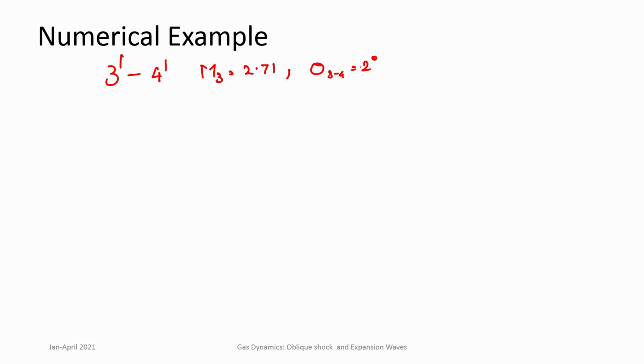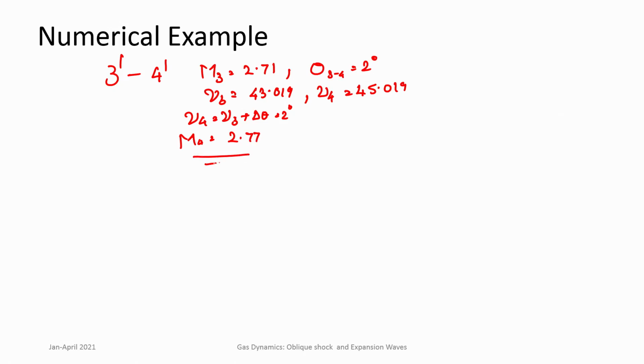So nu 3 is 43.019, and nu 4 is 45.019, which is nu 3 plus delta theta, which is 2 degrees here. So M4 is 2.77. And we need P4 prime by P01.